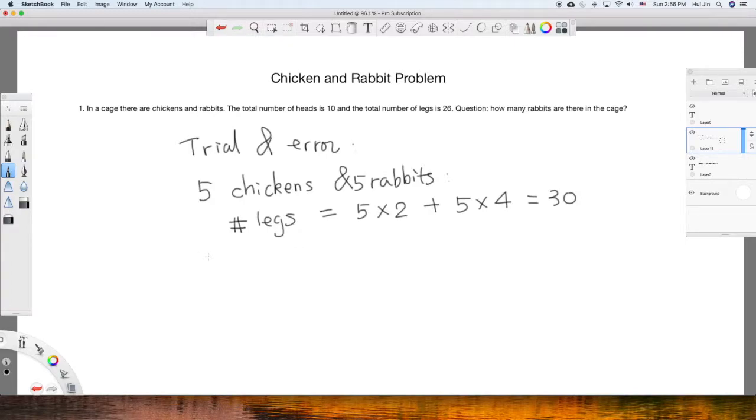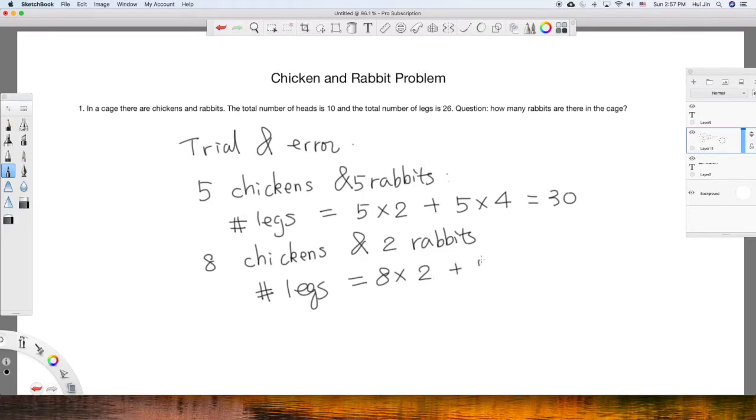So let's try taking a little bit more chickens and fewer rabbits. Let's say 8 chickens, and of course 2 rabbits, because in total there are 10 animals. And then the number of legs equals 8 times 2 plus 2 times 4.